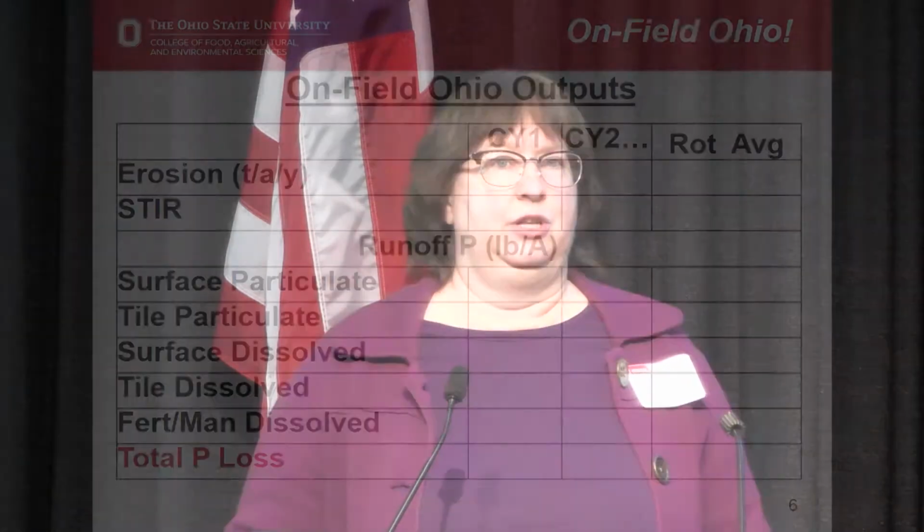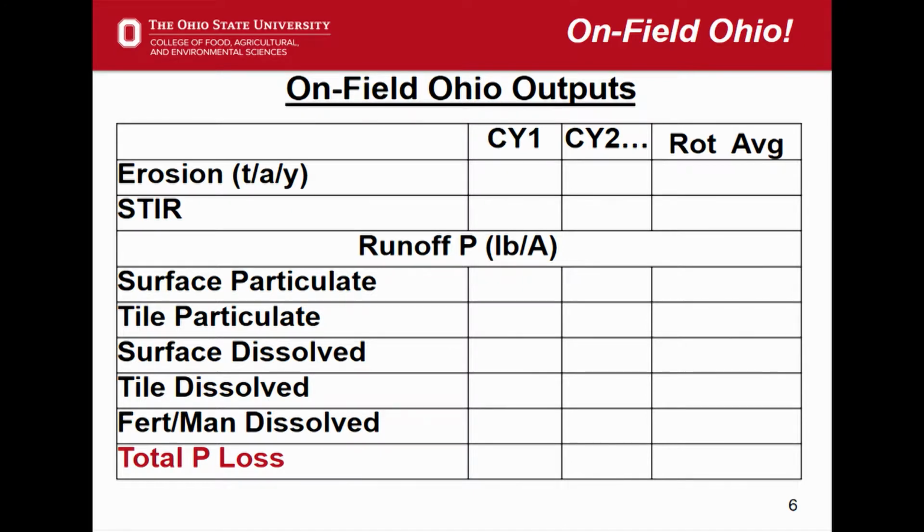So this is essentially what will be delivered to the farmer in terms of output. Again, they get their erosion, they get their soil tillage intensity rating based on their practices, and then they get surface and tile dissolved, particulate and total P, as well as the fertilizer P.